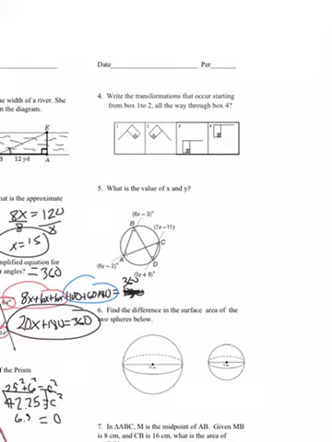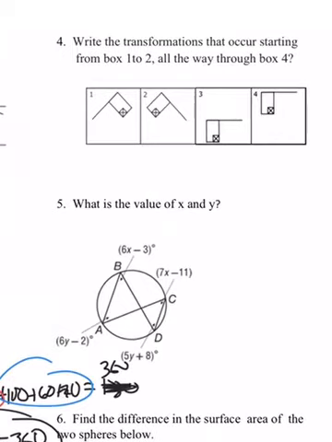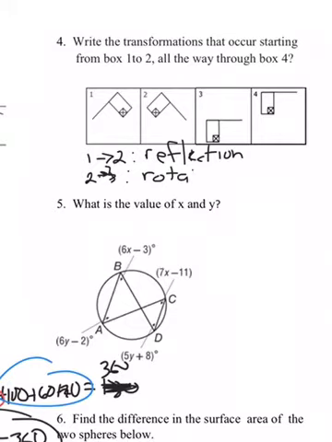Number 4, write the transformation that occurs from box 1 to 2 and all the way through 4. So, pretty straightforward here. From 1 to 2, that's a reflection. From 2 to 3, that is a rotation.